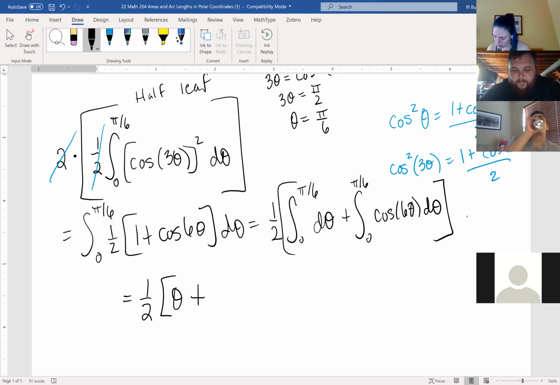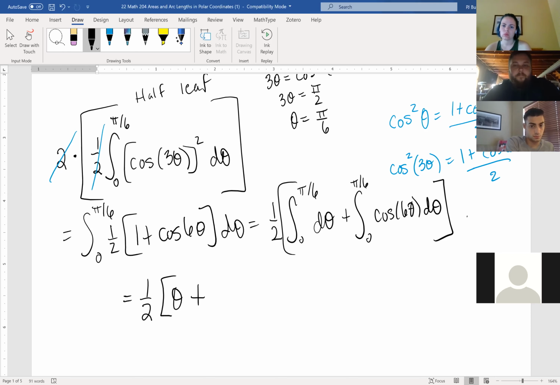So what type of integration technique do I need there? Wouldn't it be sine? Actually, no, because it's a theta. Would it just be sine 6 theta?